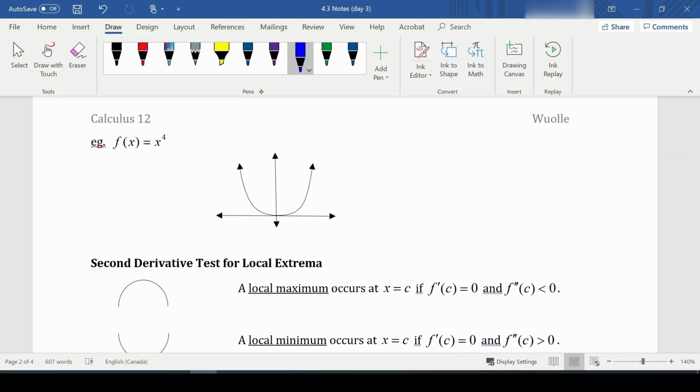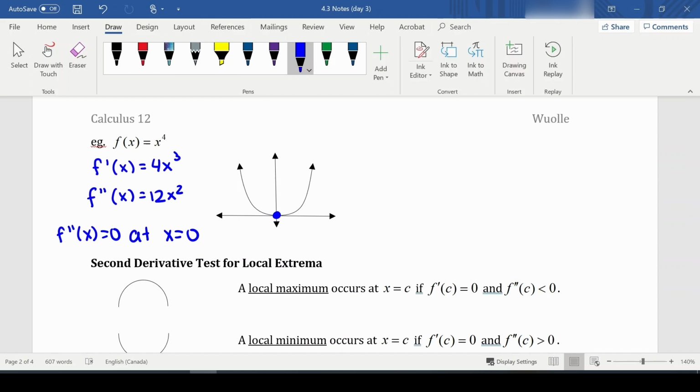Okay? If I think f of x is equal to x to the power of 4, f prime of x would be 4x cubed, and f double prime of x would be 12x squared. Now, f double prime of x would equal 0 at x equals 0. So I would think this should be my inflection point.